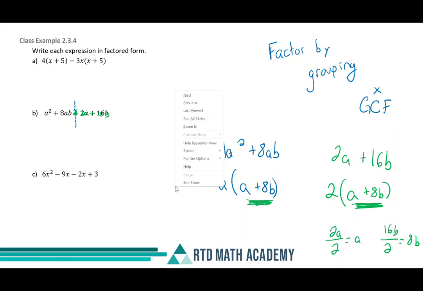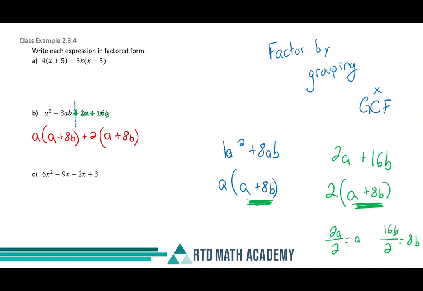So we can actually rewrite this as saying a squared plus 8ab is actually a multiplied by a plus 8b. Then I could say that if I had a positive 2 and I multiplied that by a plus 8b, that would be the same thing as positive 2a plus 16b.